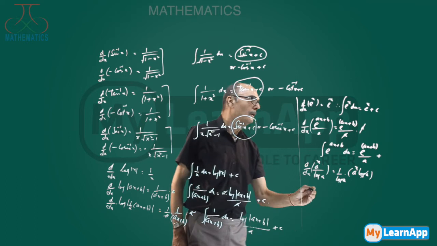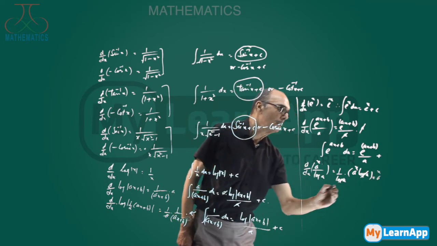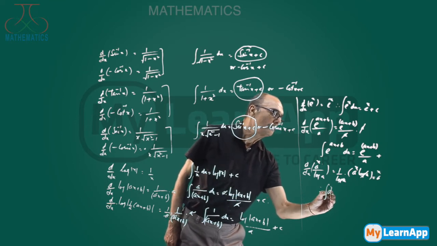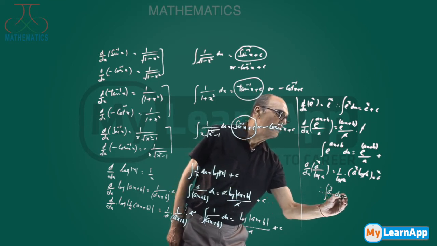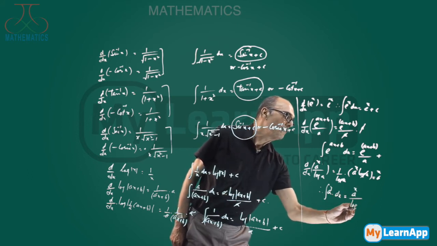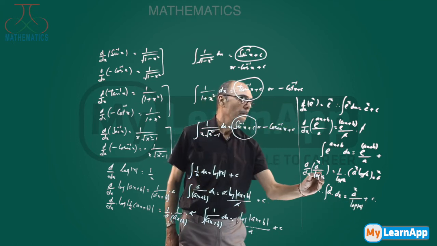So, therefore, we are left with a raised to power x. So, therefore, the integral of a raised to power x d of x is a raised to power x divided by log of a plus c. You can put mod here.